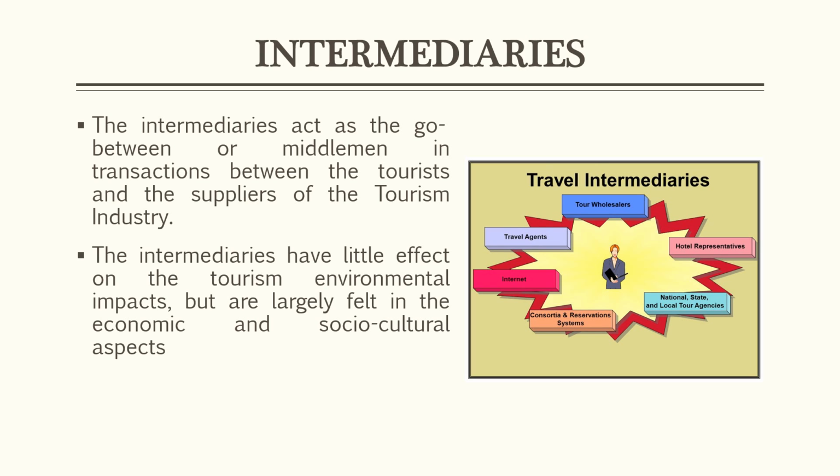We also have the national, state, and local tour agencies. The intermediaries have little effect on the environmental impacts of tourism, but they have a large impact on the economic and socio-cultural aspects, because travel intermediaries also provide jobs to the people and income generation, and they also help in the improvement of the standard of living of the people.